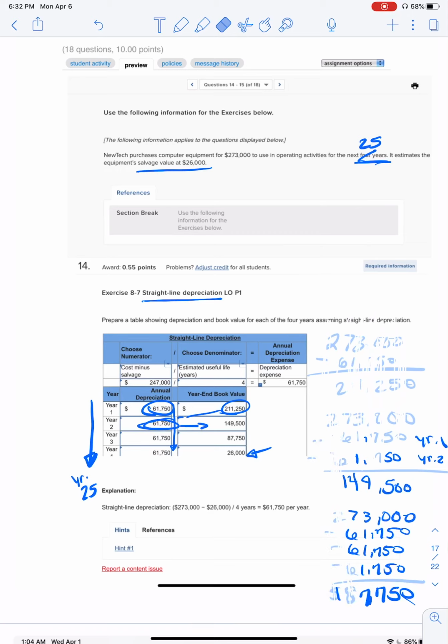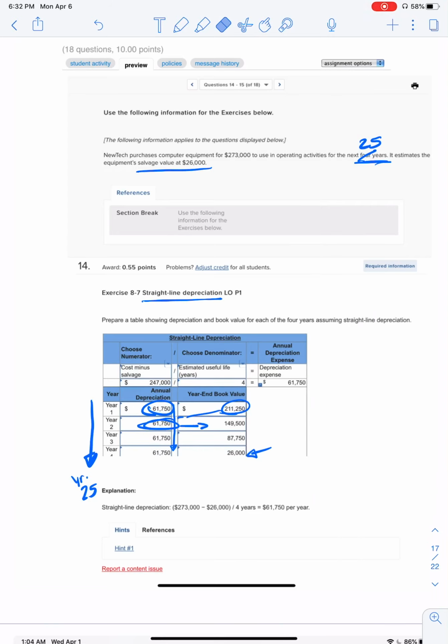Now, one other thing I want to point out is what amount of depreciation would be recorded in year 5. So this thing is fully depreciated at the end of year 4, but at the end of year 5, if we continue to use this machinery, how much depreciation expense would we need to assign this piece of equipment?